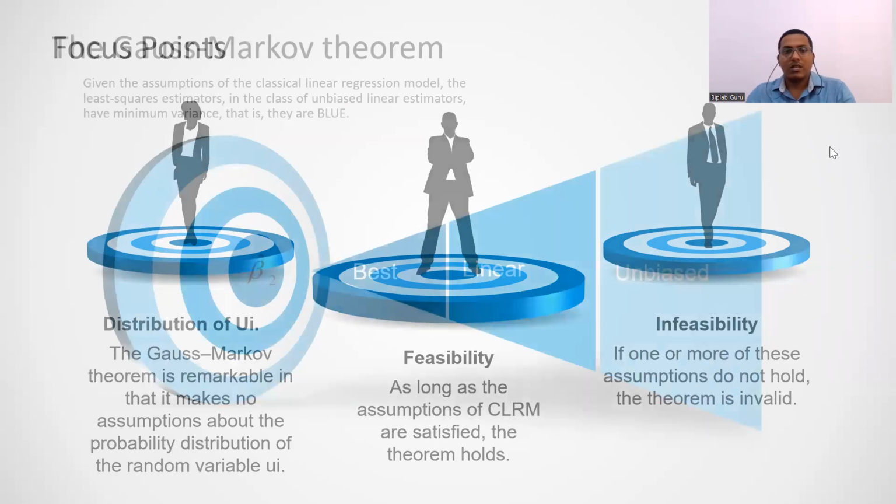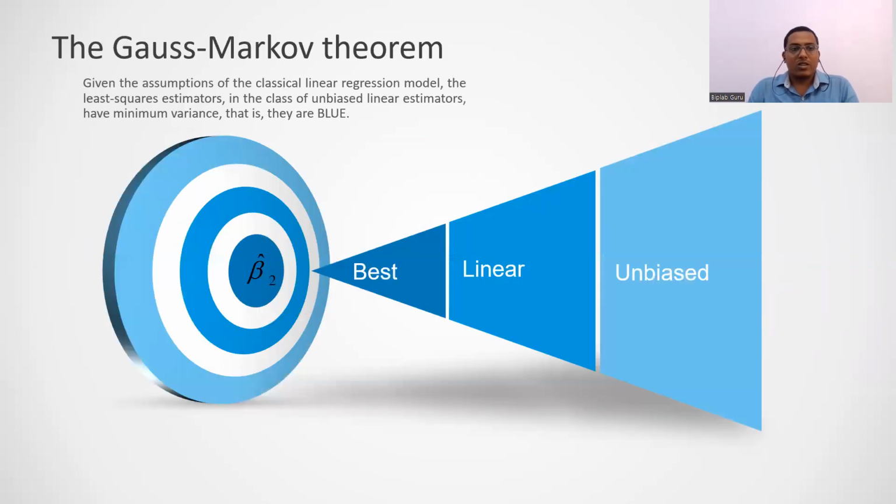Based on the assumptions that we specified earlier, the classical definition of the least squares estimators, that is beta 1 hat and beta 2 hat in a simple linear regression model: among the class of all unbiased linear estimators, the Gauss-Markov theorem states that beta 1 hat and beta 2 hat are the best linear unbiased estimators.